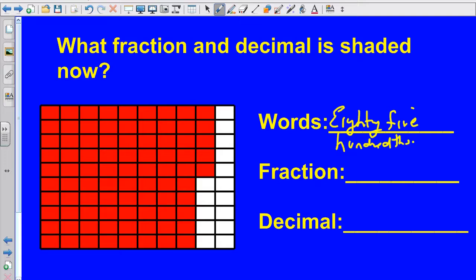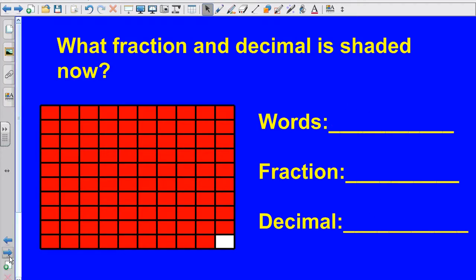Okay, as a fraction, what do you think, Meg? 85 over 100. As a decimal, Abby, 0.85. You could also say 0.85. Okay? Turning the page to the next one.